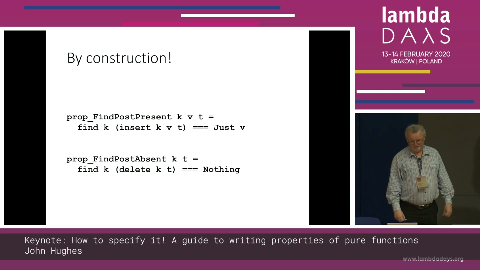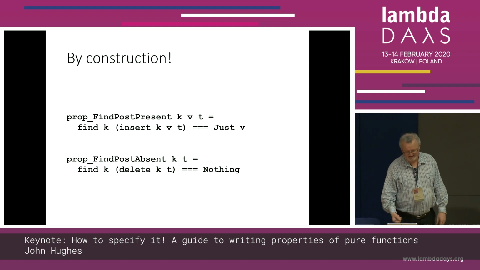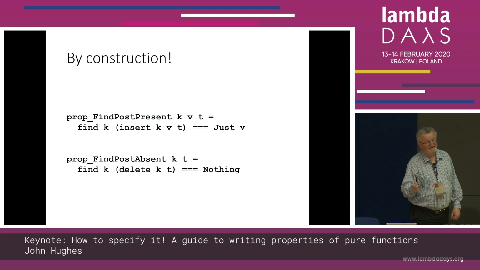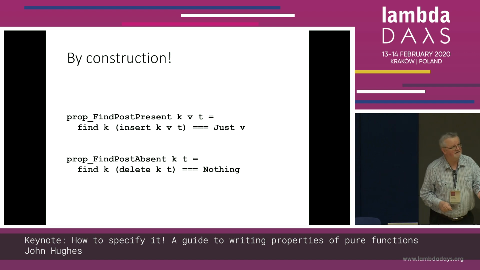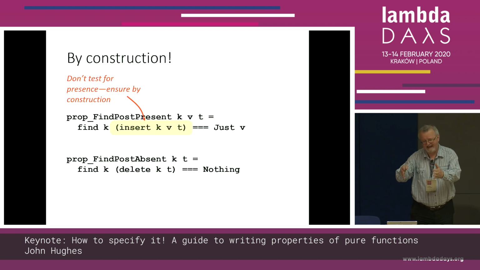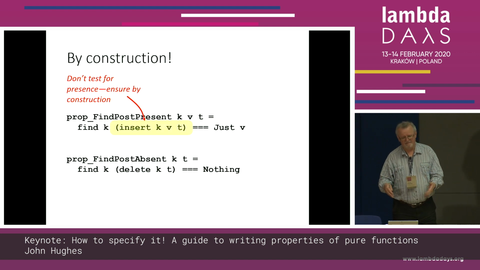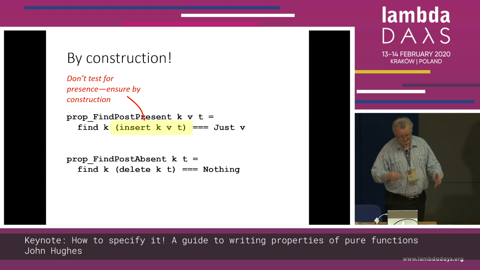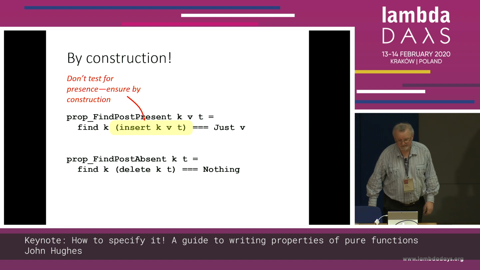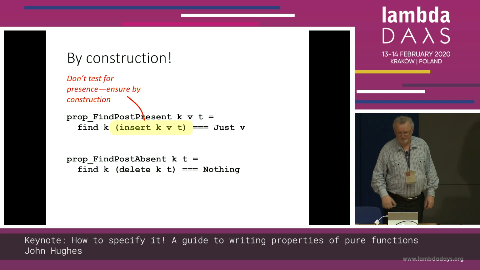Well, I can write one test that tests find on a tree where I guarantee the key is present because I've just inserted it, and another property that tests find where I guarantee that the key is absent because I've just deleted it. Okay, so those two properties together capture the same intent as the sentence that I wrote previously. So we ensure what we want by construction.